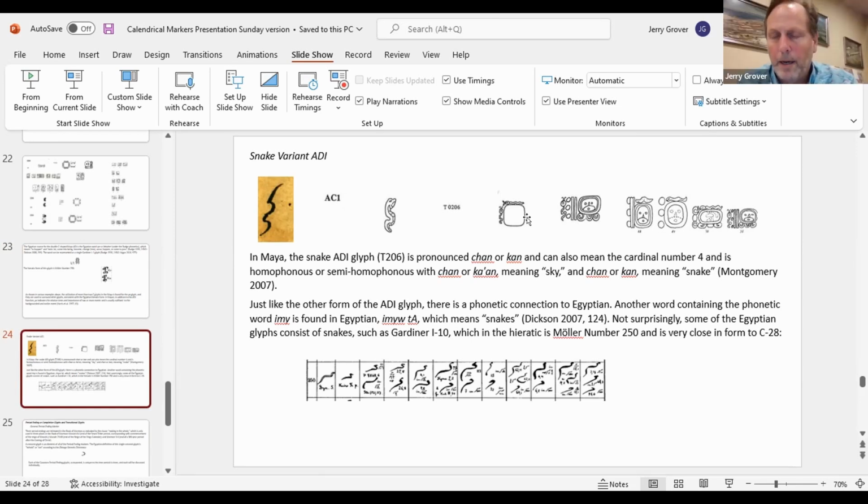No, those are in Maya, they're phonetic. So it's actually like Egyptian a bit in that they have some that are ideographic, meaning the glyph just means what it means. It doesn't have a phonetic element, but they also have syllables in the Maya.